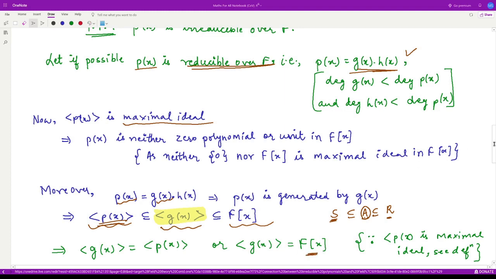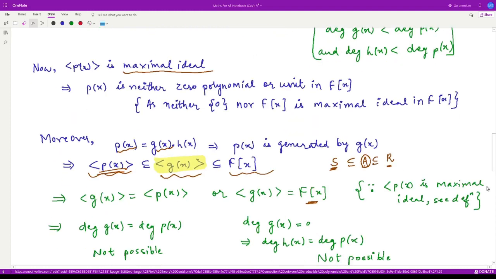This follows from the definition of maximal ideal.